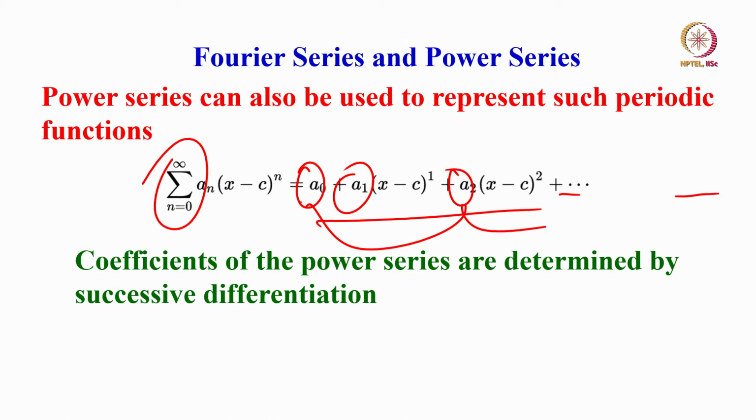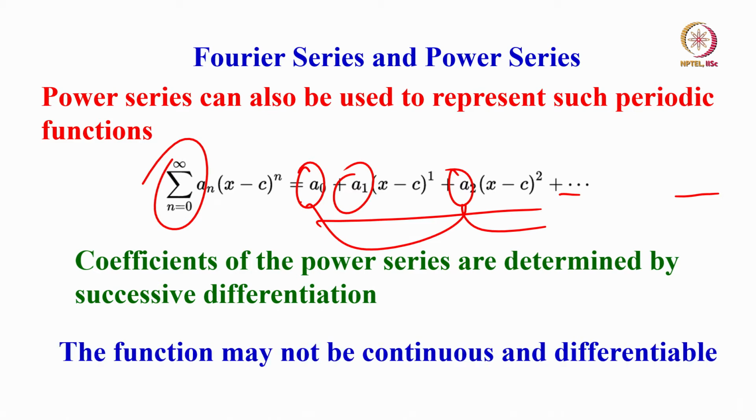Successive differentiation is needed to get these coefficients. Now, the question is, what happens if the function is not continuous? If there are breaks, you cannot differentiate. One of the conditions for a function being differentiable is that it must be continuous. If it is not continuous, sometimes you cannot differentiate. That is the one problem you see in the power series.